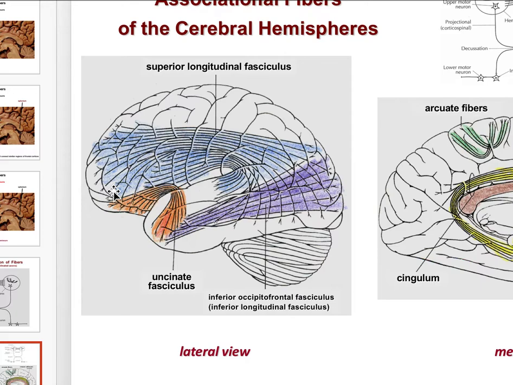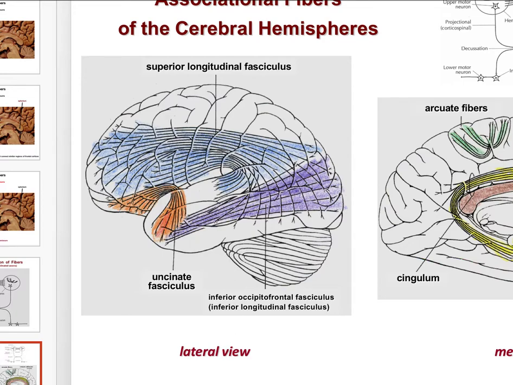This superior longitudinal, or sometimes called arcuate fasciculus, especially in this area here, just sweeps in a great arc over what they describe as the insula of the frontal lobe, and goes back to the posterior portions of the hemisphere. So these help to provide some very strong communications between those different domains.